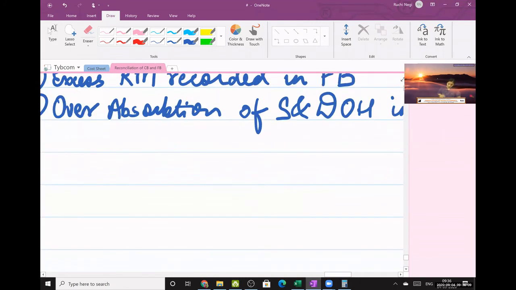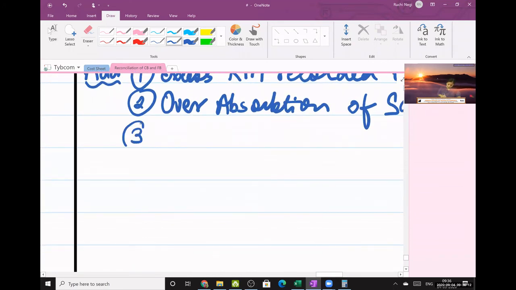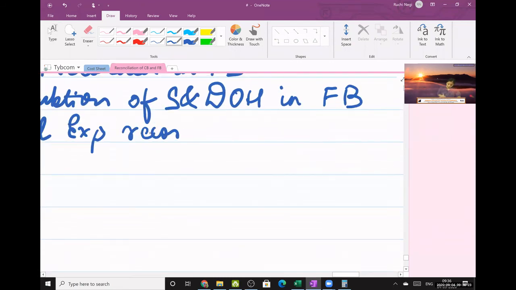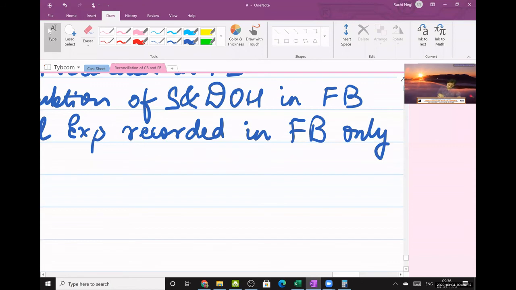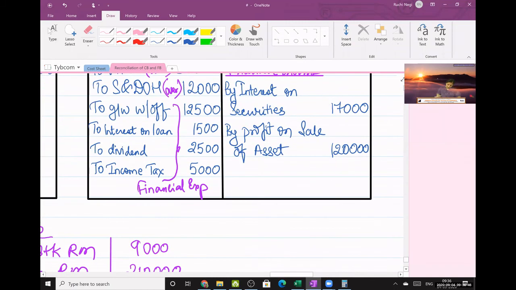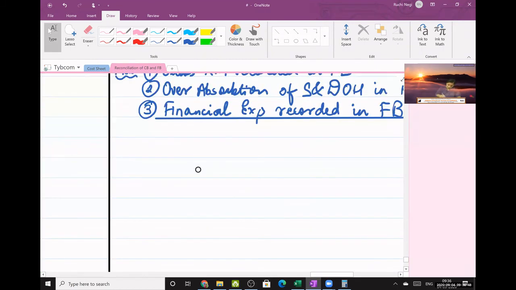Okay. Next, financial expenses. Financial expenses recorded in finance books only. Okay. We have a list. You can use the shortcut. We have a list. So see the list पे stick करो. Okay. List में what you have? Goodwill written off, interest on loan. All this. Yeah. Right on.